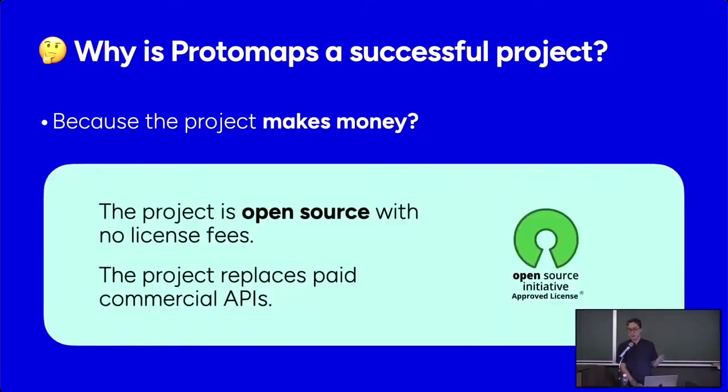So I would say in general, it's not important for an open source project to make money. There are ways that you are able to make a job out of open source, such as consulting. But in its current state, Protomaps is an open source project. There is no licensing fee. There is no subscription. And in fact, it is a replacement for many commercial services.